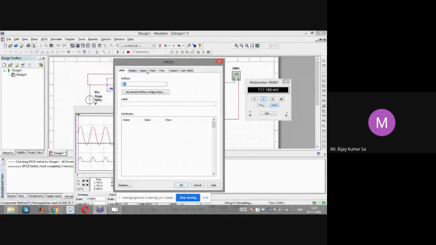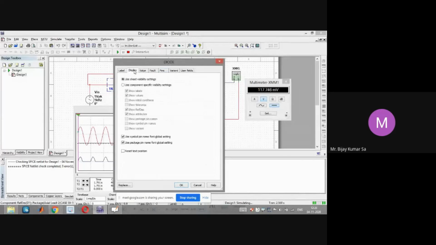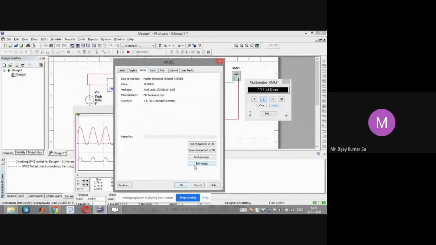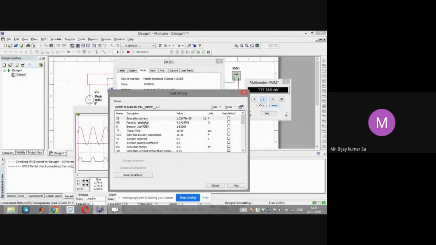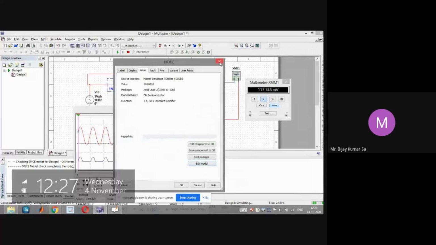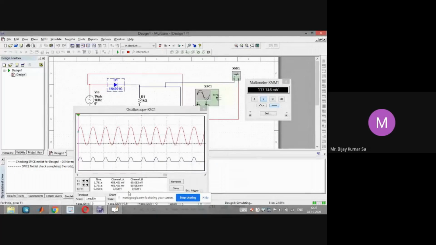We saw it here, in edit model, that the junction potential is 0.7 volt. So this is nothing but the knee voltage, the threshold voltage. That is why it will make some difference.